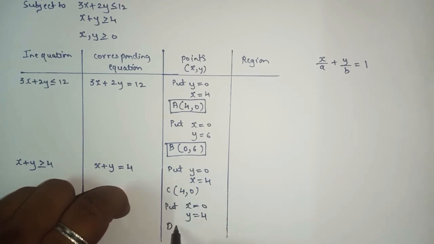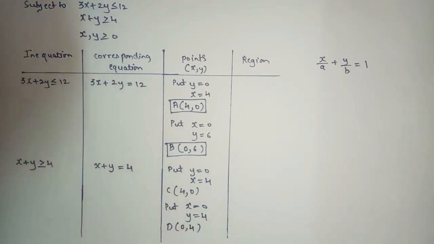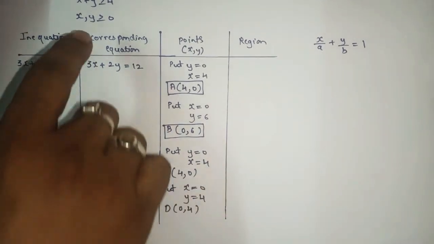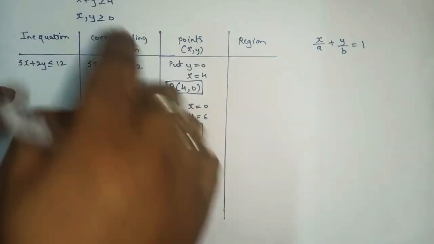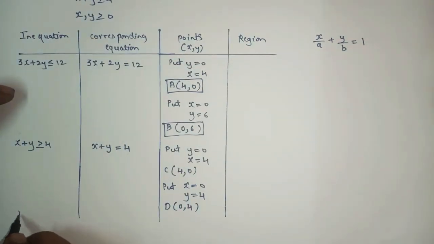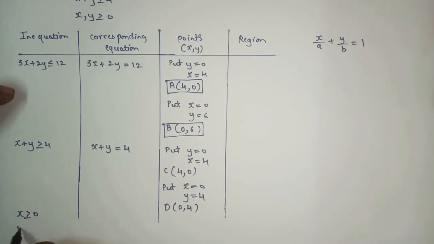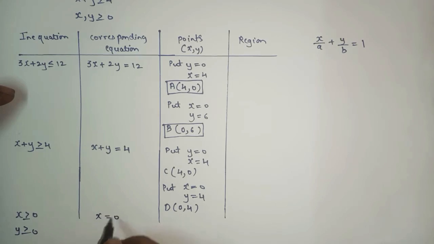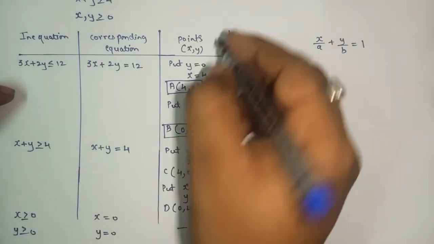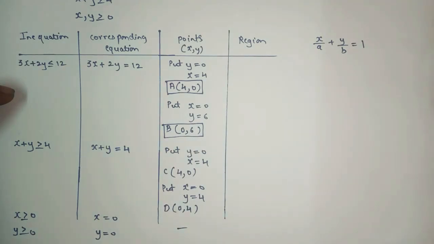So D will be the fourth point, 0 comma 4. Okay, now what about x comma y greater than equal to 0? It means x is greater than equal to 0 and y is also greater than equal to 0. So x will be equal to 0, y will be equal to 0. No need of writing the point here.